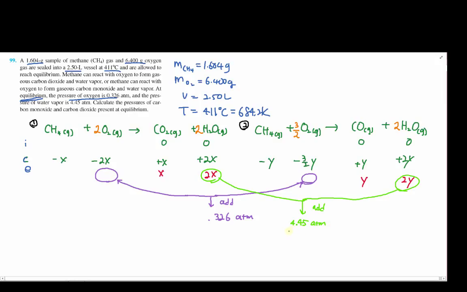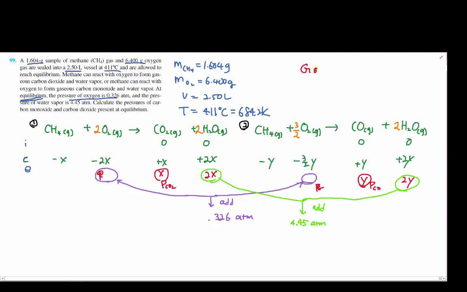What else is given? That's pretty much it. Here's the good news: our question really involves pressure. It asks us for the pressure of carbon monoxide and carbon dioxide at equilibrium. So this is the ultimate goal we want to get. This is the partial pressure of CO2 at equilibrium, and this is the partial pressure of CO. We have to find x and y.